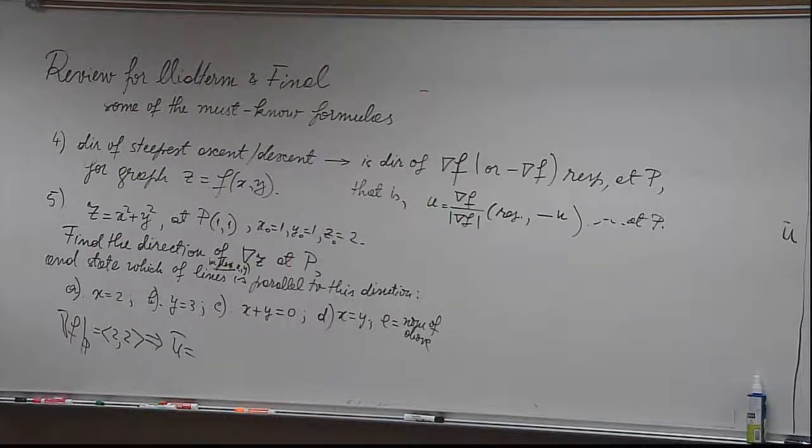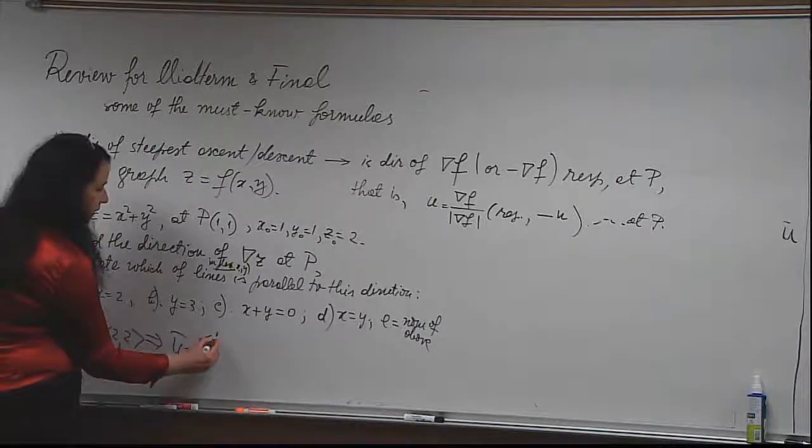What would people do normally if they want to do it by the definition? Divide the vector 2, 2 by the square root of 8. Well, you can be a little bit smarter than that and say, it's the same as the direction 1, 1 divided by the square root of the sum of the squares, right? It doesn't matter which one you take.